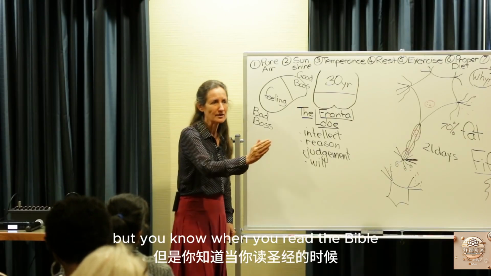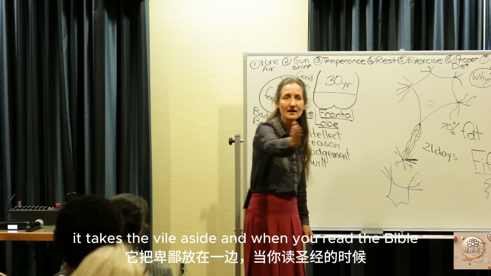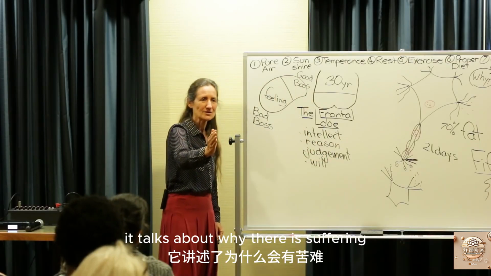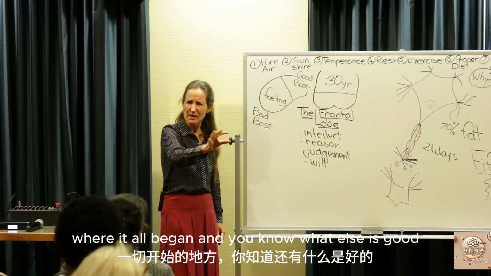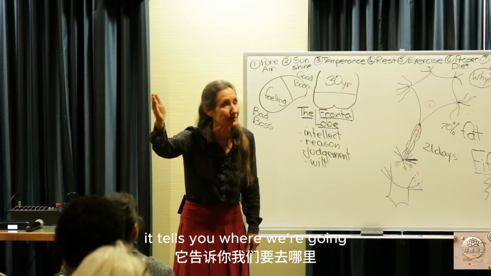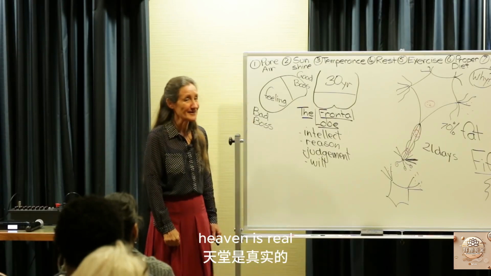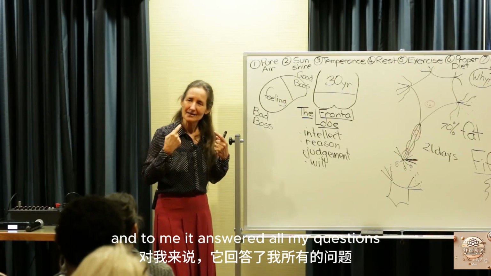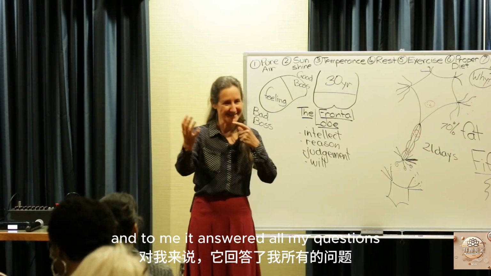But you know, when you read the Bible, it takes the veil aside. It talks about why there is suffering, where it all began, and you know what else is good? It tells you where we're going. Heaven is real. And to me, it answered all my questions.